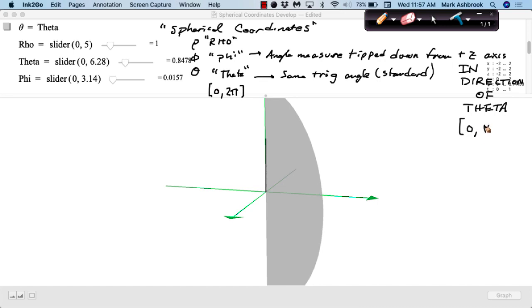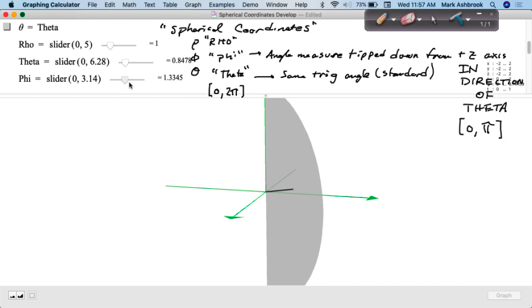And phi equals pi, how would we describe phi equals pi? What would that be? Negative z-axis, no matter what theta is, right? Doesn't matter what theta is, once you get to pi, now you're pointing straight down. So let me show you that. So here's increasing phi from 0 down to pi. Now that is non-negotiable. Your angle phi will always be from 0 to pi.